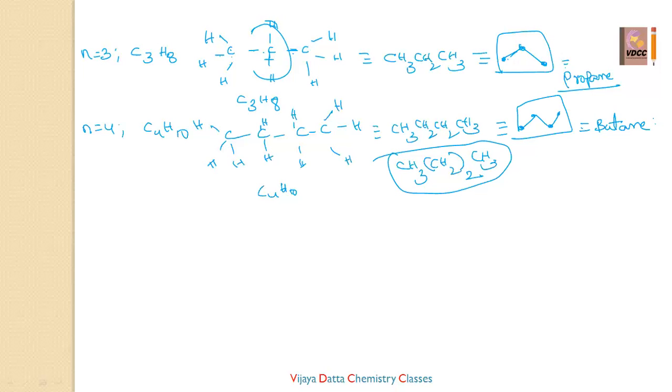Whereas come to the isomerism. Isomerism is nothing but we have to check structural isomerism, and stereoisomerism also we have to check. Generally alkanes show structural isomerism. In structural isomerism again we have five types: chain isomerism, positional isomerism, functional group isomerism, tautomerism, metamerism. Among those structural isomers, alkanes show chain isomerism and positional isomerism.